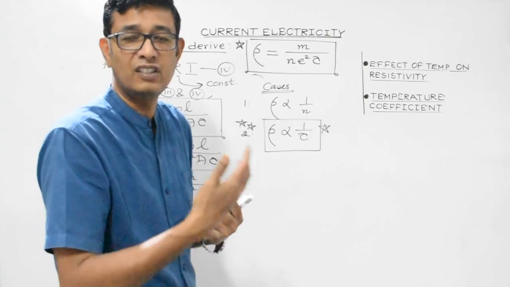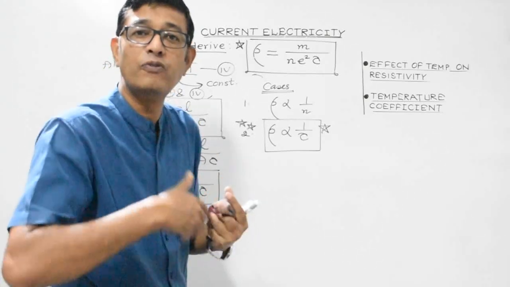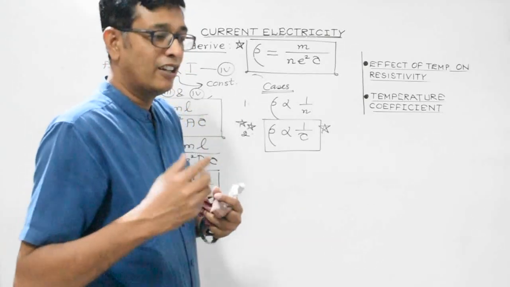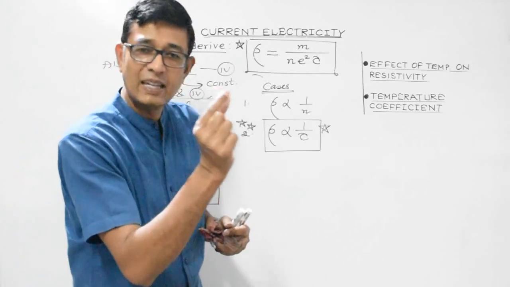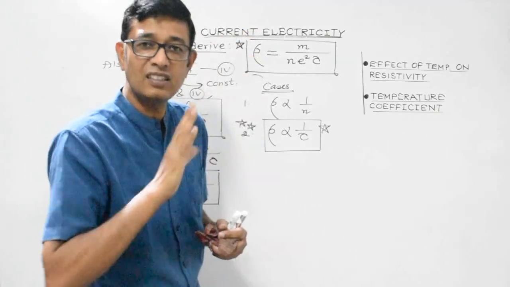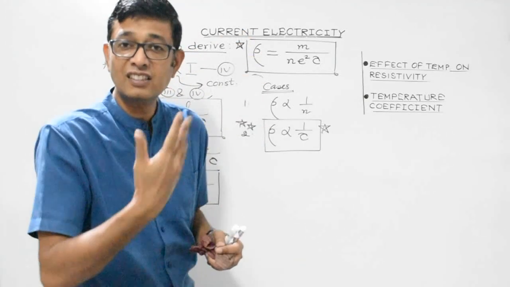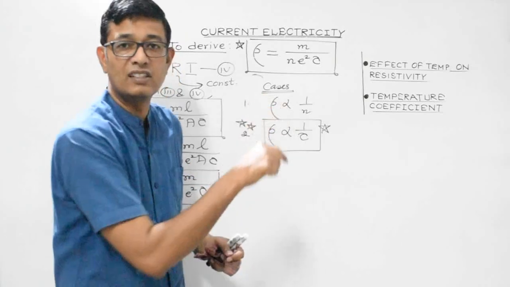The probability increases. Collision takes place much more frequently. Now when collision takes place much more frequently, then the time between successive collisions obviously decreases. That is, the relaxation time decreases.